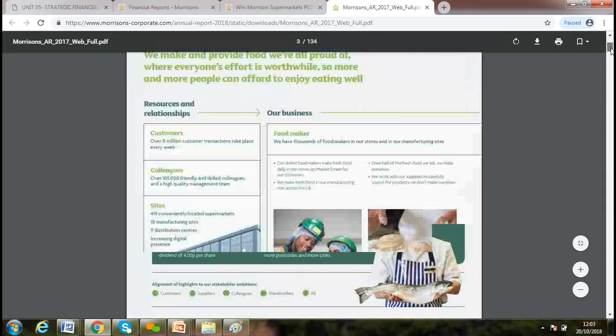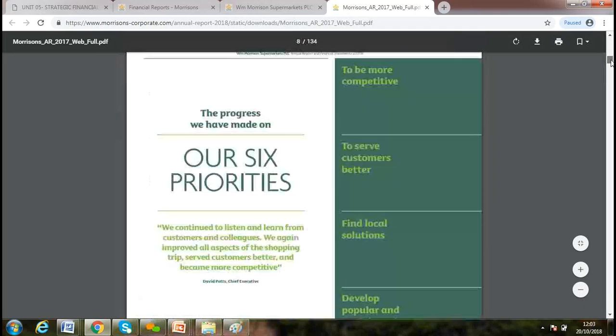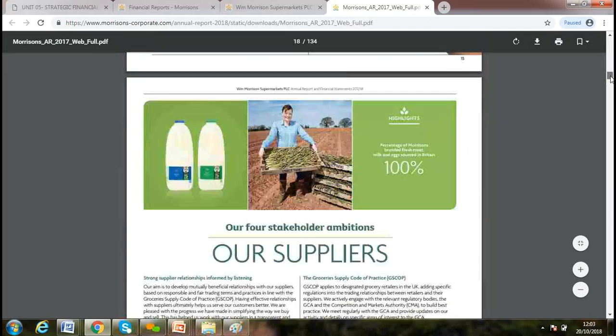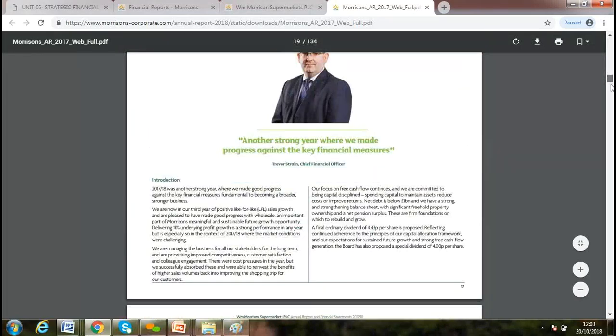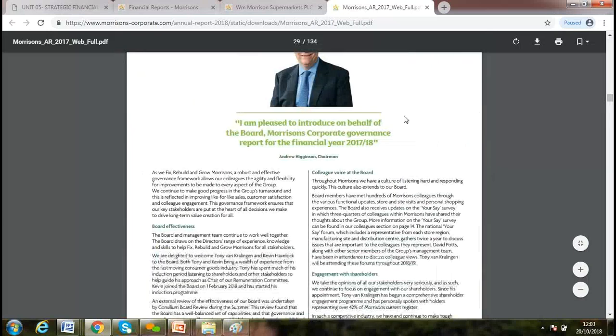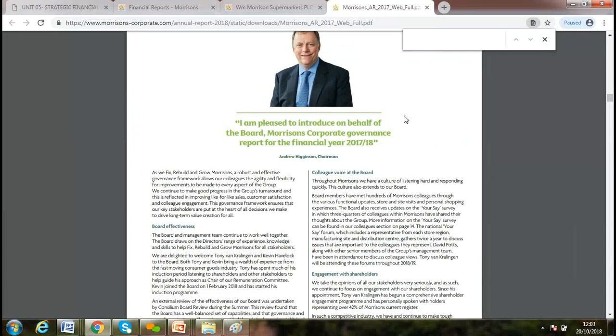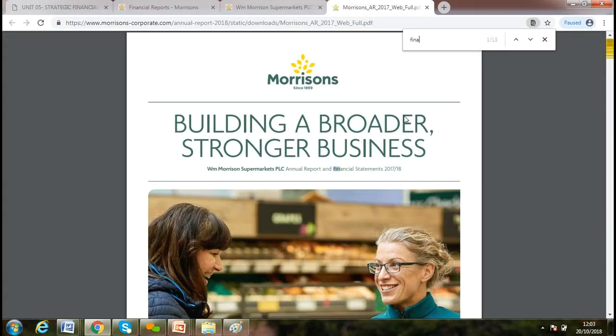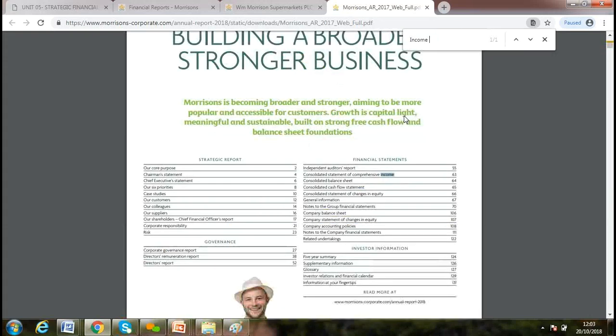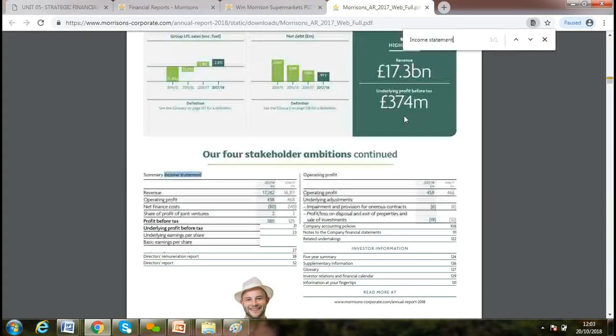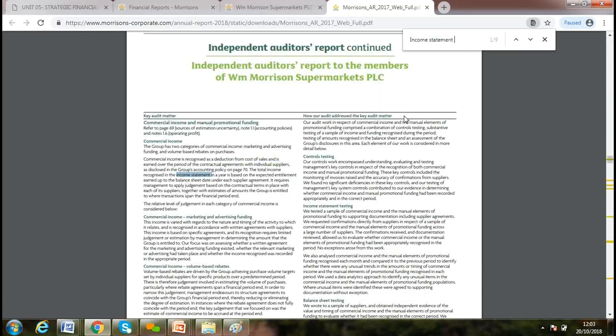Okay, we'll see it now. It has all the information on which areas they did well or badly, and which areas they performed better. But we are looking at the financial statements according to your learning outcome. To find things quickly, press Control F, which gives you the search box. If I type financial statement, you will see it there. If you type, for example, income statement, it takes you there.